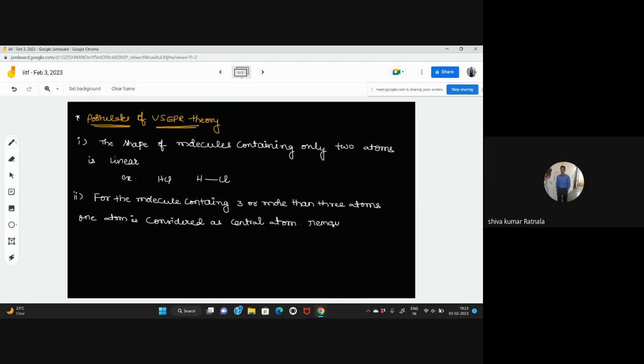This is the point. Postulates means synopsis, points.